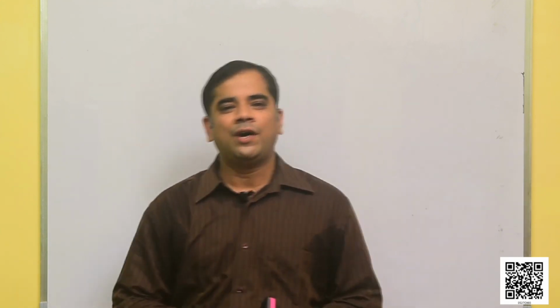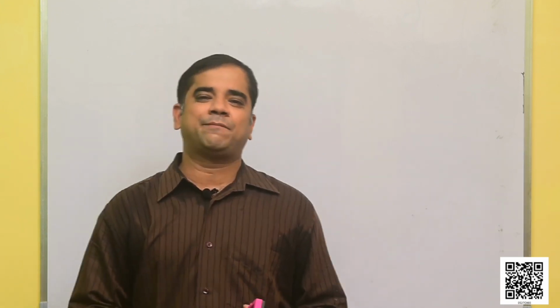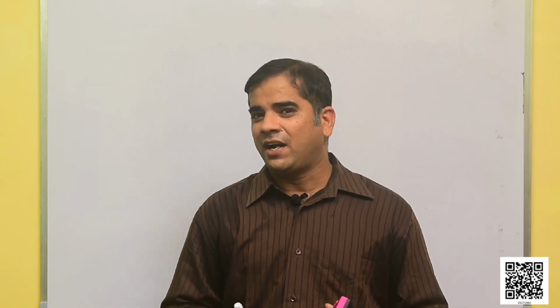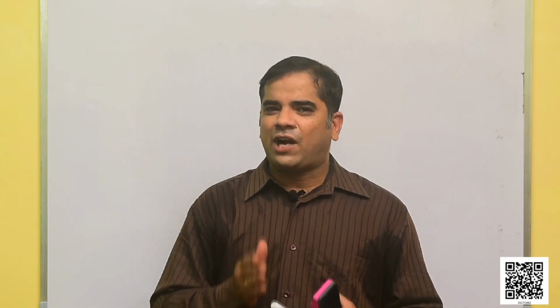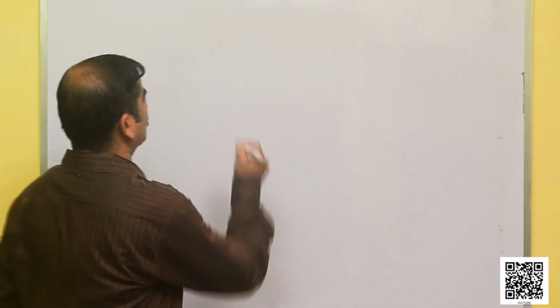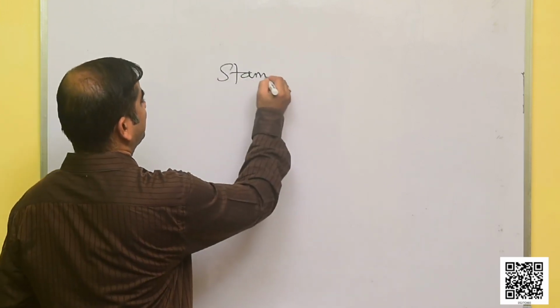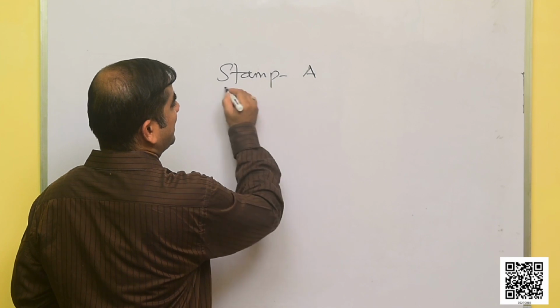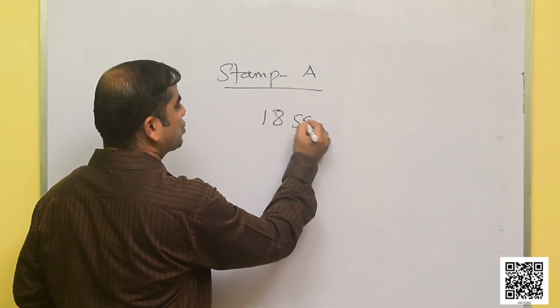In your first question, it is being asked what number of squares does stamp A contain? So can you count it? I hope so. If you count, you can find that stamp A is having 18 squares.